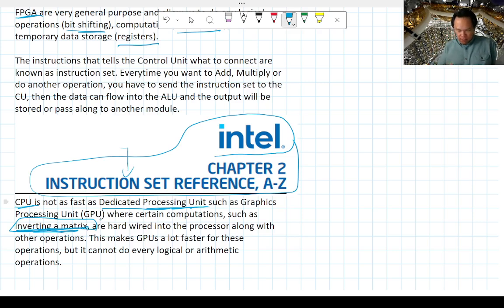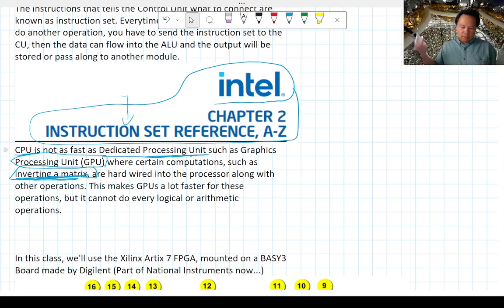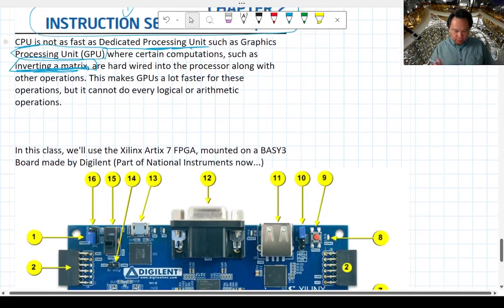These are usually placed in graphical processing units, GPUs, and are hardwired together so that you can do these tasks a lot faster compared to a CPU. This is why for certain tasks, dedicated processing units are a lot faster than the central processing unit, because you don't have to send all that instruction over.